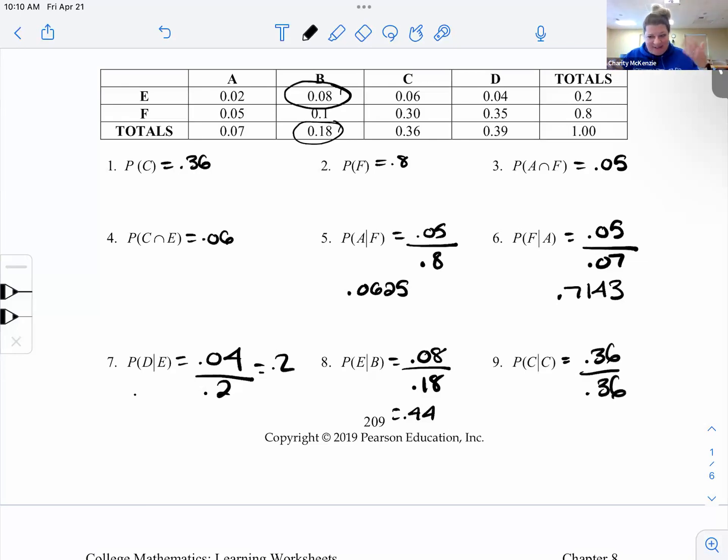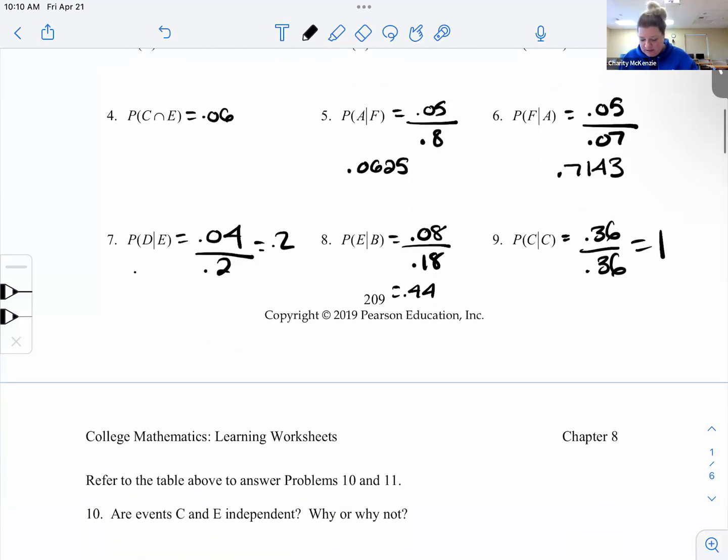The probability of C given C is going to be 1. If they're the same thing, the probability is 100%. So what's the probability that you will pick an apple if you're going to pick an apple? 100%. That's a tricky one.